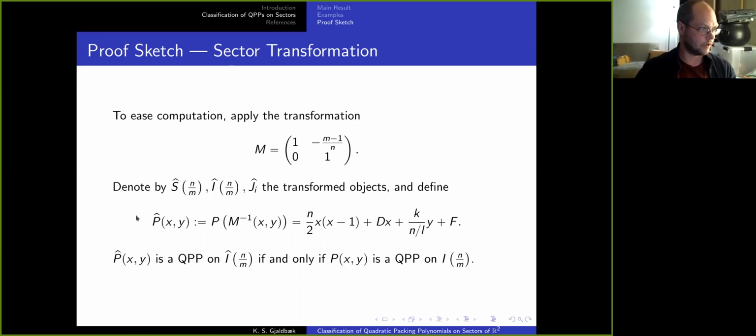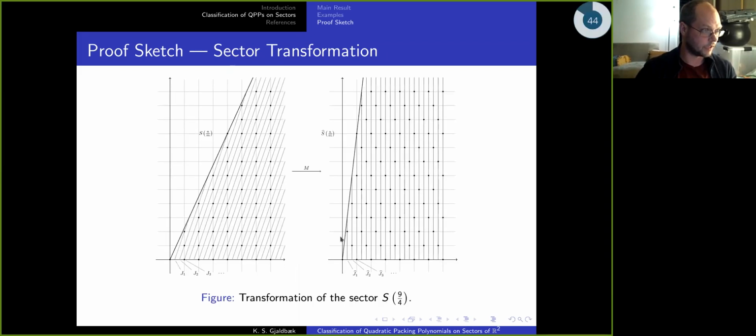But we can still talk about quadratic packing polynomials on the transformed lattice and carry over results to the lattice we started with. And the benefit of this is that when we look at the polynomial on the transformed lattice, we get this nice form where we see that all the terms with y disappear in the quadratic part. And this essentially means that the staircases before all turn vertical.